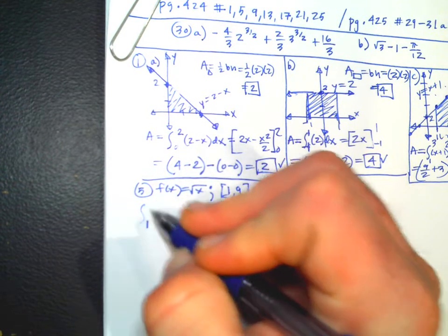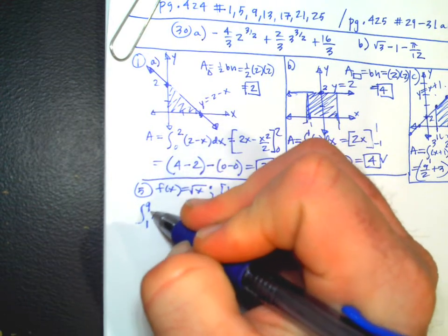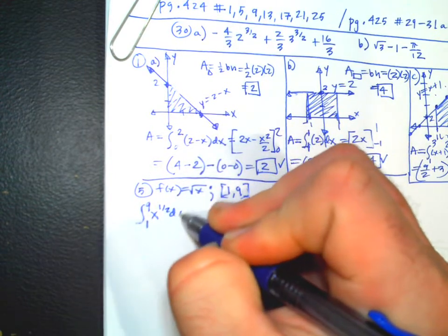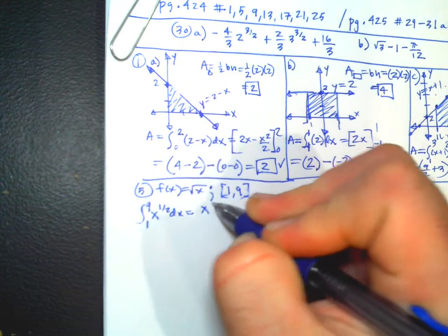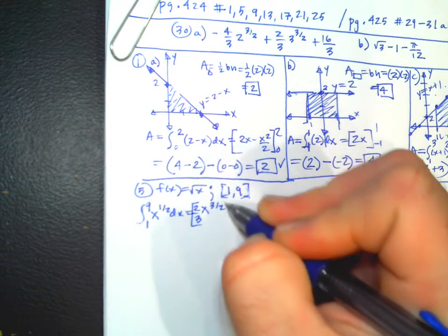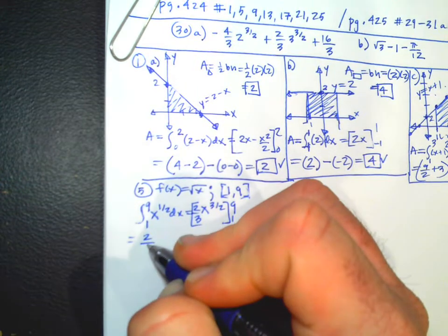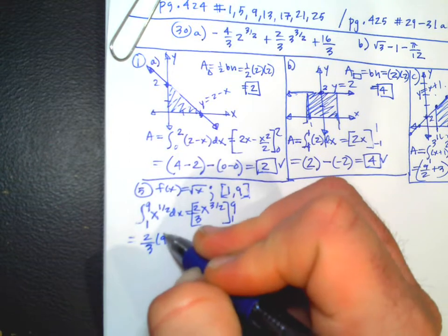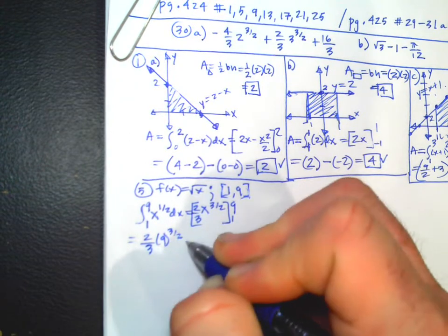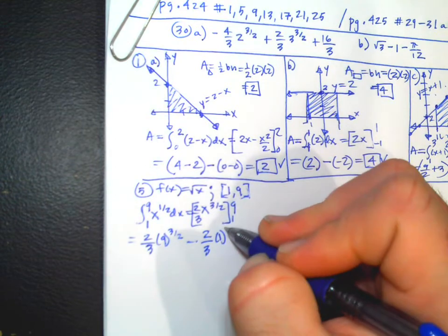So we go 1 to 9. Probably rewrite this as x to the 1/2. So you get x to the 3/2, divided by the new exponent, multiplied by the reciprocal, from 1 to 9. 2/3 times 9 to the 3/2, minus 2/3 times 1 to the 3/2.